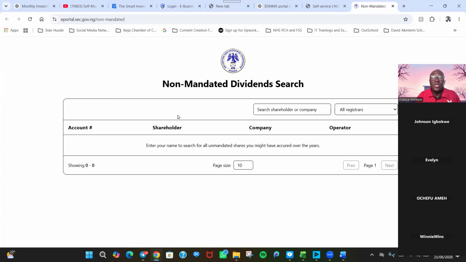So you lost your shares or the company went out of business or whatever, and now you want to track it. You come here and search for shareholders or company. You have to search for the shareholder because you are looking for your share, or maybe your friend's or your family's share. So let's search for a name. Give me any random name that you know.